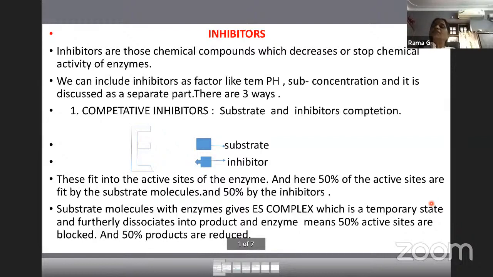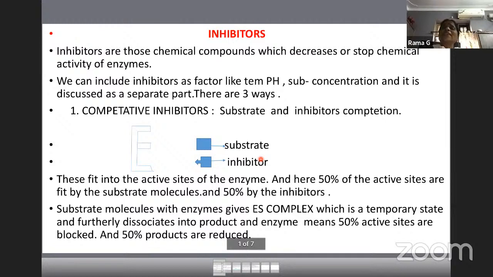That means 50% of active sites are producing end products with enzyme. And what about the inhibitors? They too are occupying 50% of the active sites of the enzyme. And here also a complex will be developed. That is the enzyme inhibitor complex. Enzyme inhibitor complex.